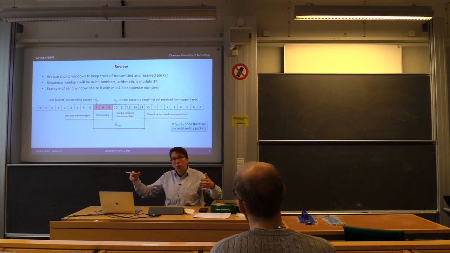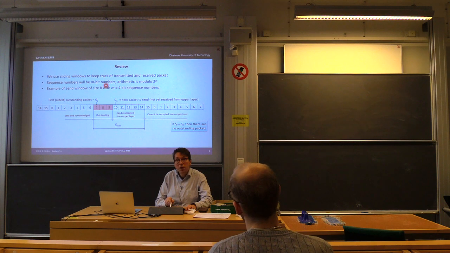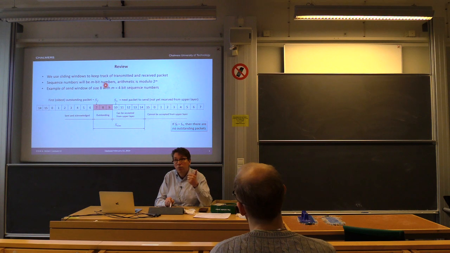Now, for practical purposes, we want to reuse these sequence numbers. So we assign, say, m bits to the sequence numbers, which means that the highest number we can have, if we start at 0, would be 2 to the power of m minus 1. Whenever we do arithmetic on sequence numbers here, it's implied that that is modulo 2 to the power of m.